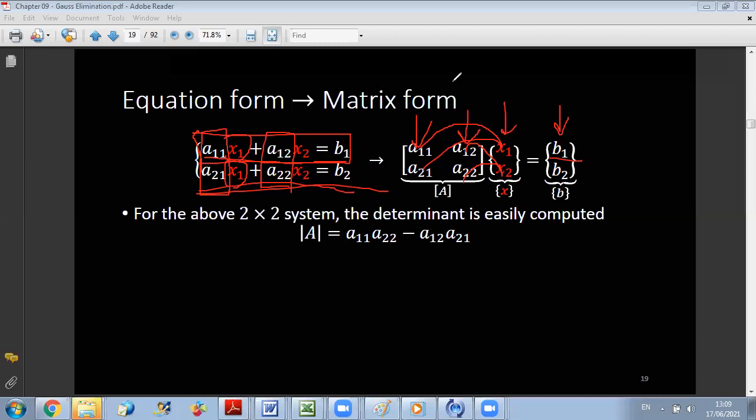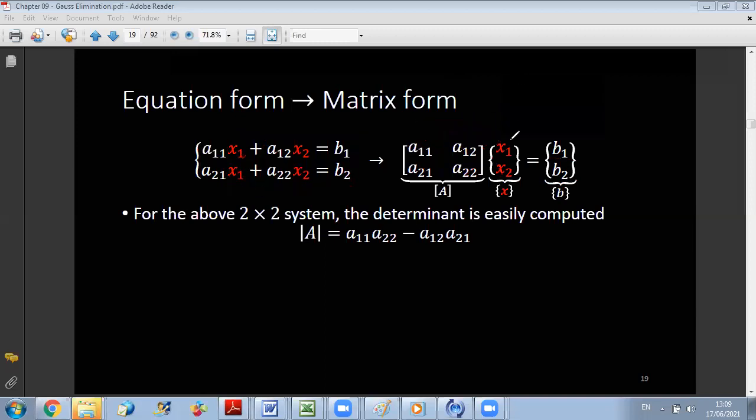Now, whenever I do this transformation, I can solve my system using Cramer's rule. What is Cramer's rule? Cramer said that I can calculate the determinant of this matrix, and the determinant is calculated in this way. This is the simplest matrix that you can have.